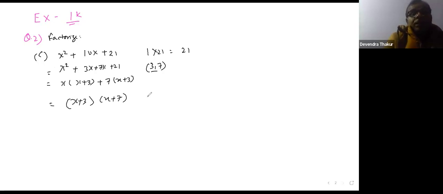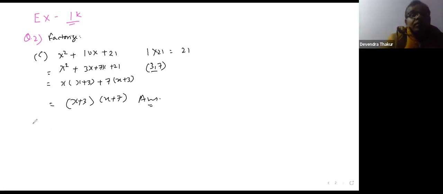So this will be the answer. That's it. It's quite easier. In fact, in almost every question we have to just use the middle term splitting. Now doing question number 3, I part.